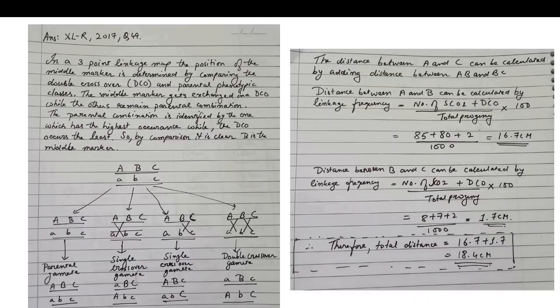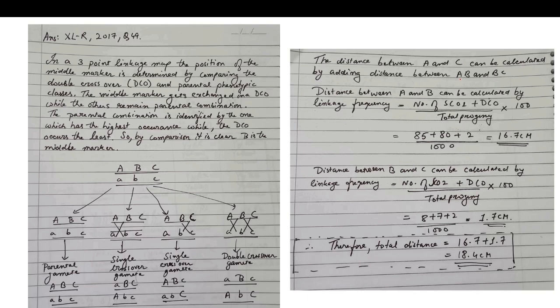The distance between A and C can be calculated by adding the distance between AB and BC. So the total distance between A and C is calculated by just adding the AB distance with the BC distance.